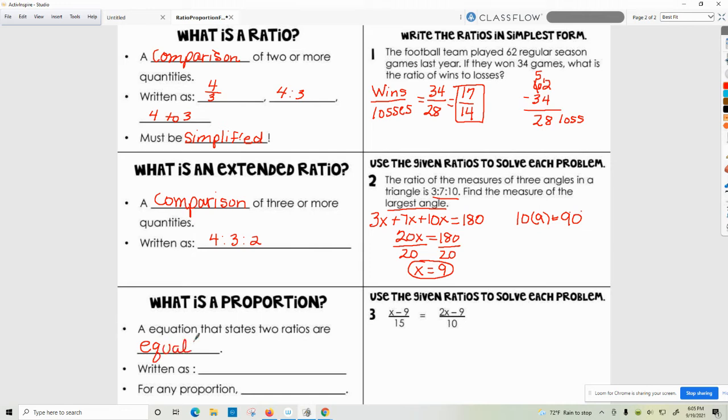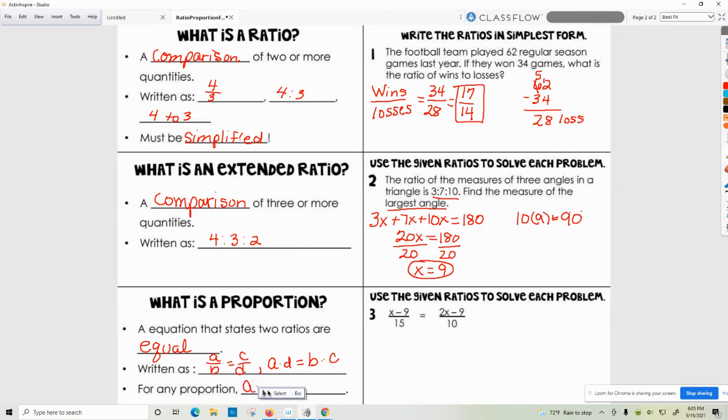And that can be written as A over B equals to C over D. Then A times D is equal to B times C. Okay, so for any proportion, this is always true.